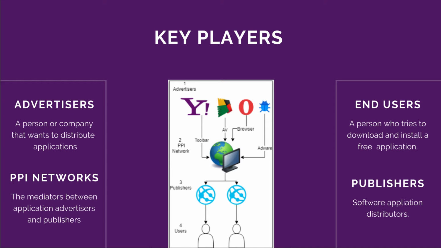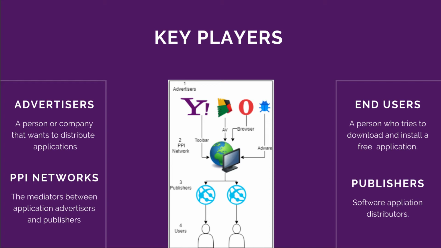PPI networks. PPI networks are the mediators between application advertisers and publishers. They create the actual bundle installer, the PUA, which will install all the advertiser components. By component, I mean application. Publishers are the software application distributors.